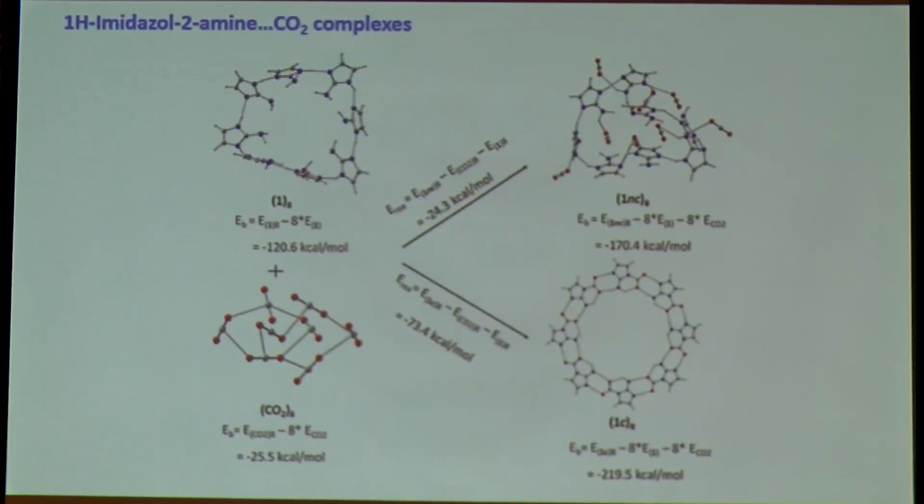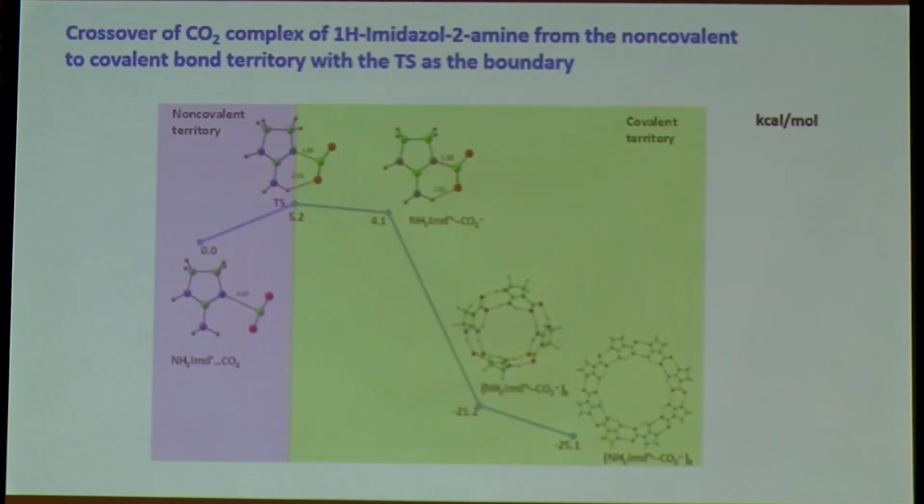I will conclude this in 2-3 minutes. So then we also looked at this octamer of the amine and octamer of CO2 cluster. If it interacts, a random complex formation is something like this, so minus 170. But this well-organized, cooperatively binding hydrogen-bonded structure with more delocalization of the electron density becomes minus 290 kilocalorie per mole.